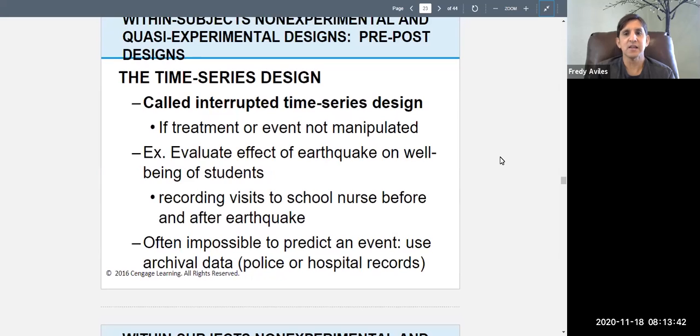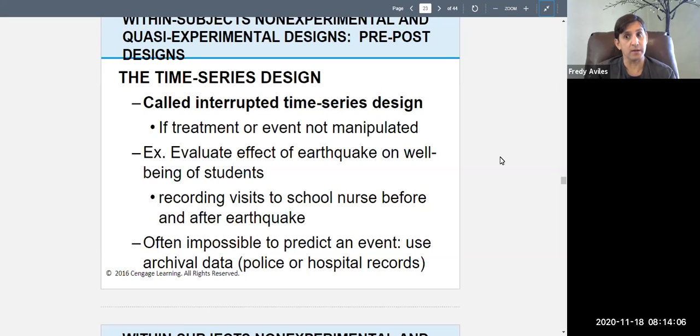So for instance, if there's an earthquake, that's something that you didn't do. That's something that you didn't really plan. So you can evaluate the effect of an earthquake on the well-being of students. So you had records of visits to the nurse already, let's say at a school. You knew how often students were going to the nurse.